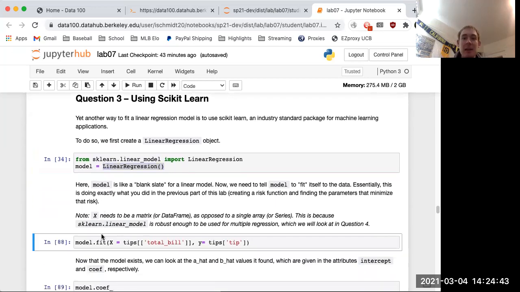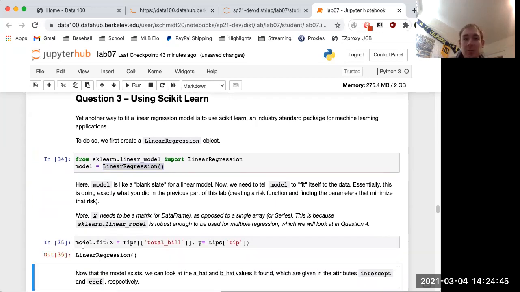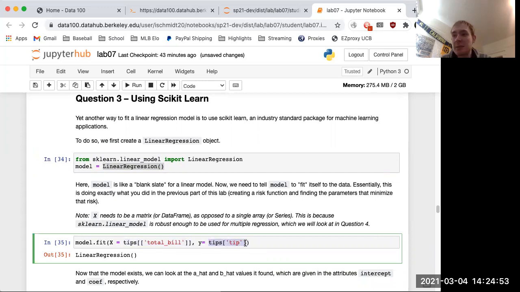And now we need to fit it. So we can just run .fit. Here's our X and here's our y. Why are we passing in a data frame for X if we only have one X variable? Well, that's because in general, scikit-learn can take in multiple different X's, and we'll see that in a few minutes.